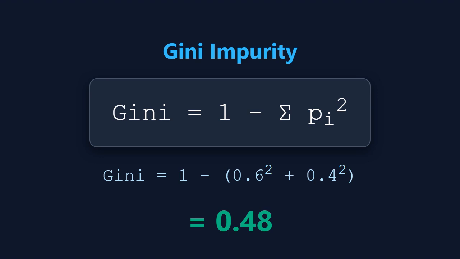For example, suppose a node contains 6 sparrows and 4 penguins. Then p_sparrow equals 0.6 and p_penguin equals 0.4. So, Gini = 1 − (0.6² + 0.4²). The result is 0.48. A perfectly pure node has Gini impurity of 0.